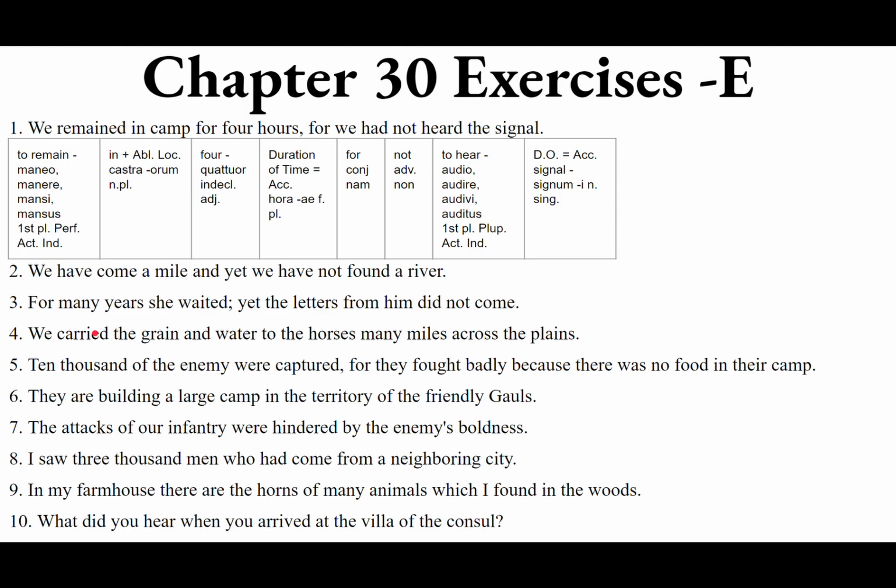So we have grain, frumentum, i, neuter, and water, aqua, ae, feminine. We want frumentum et aquam, or frumentum aquamque. I guess we could also say frumentum atque aquam. Atque being another conjunction, a more emphatic one. Let's just go with et or que.